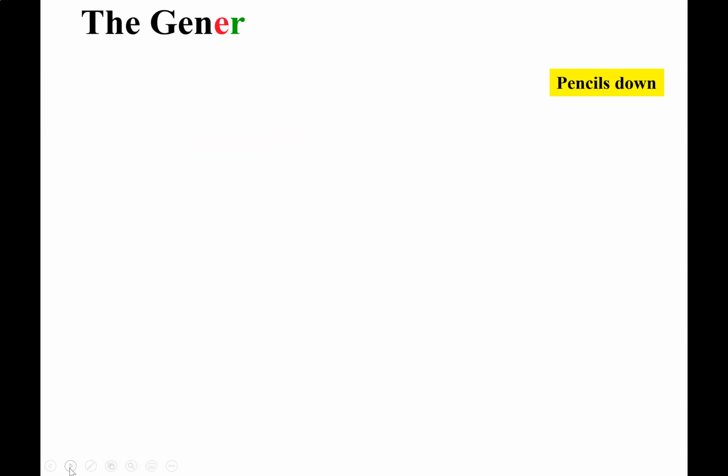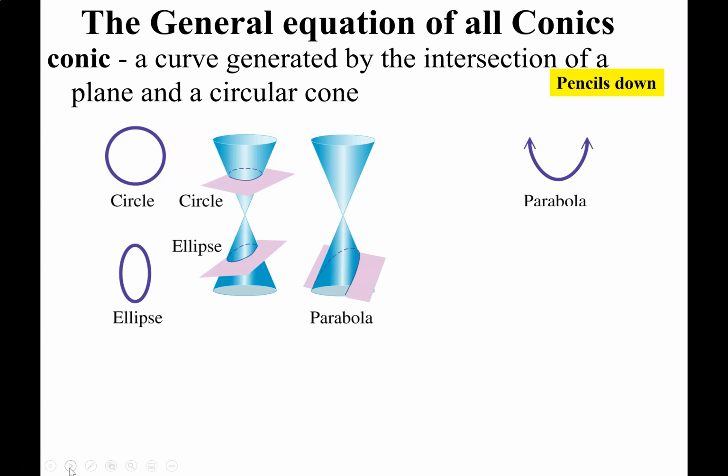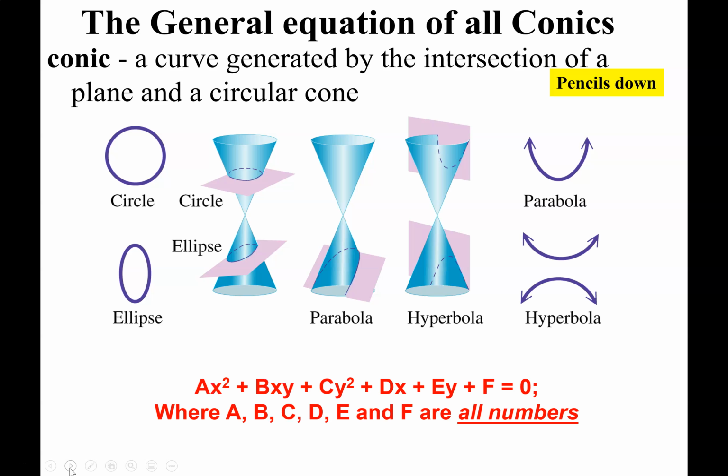Students will learn how to find the equation of a circle and graph a circle. Pencils down, just look at this, please. The general equations of all conics, we're talking about parabolas, ellipses, circles, that sort of thing, will be given here. A conic is a curve generated by the intersection of a plane and a circular cone.